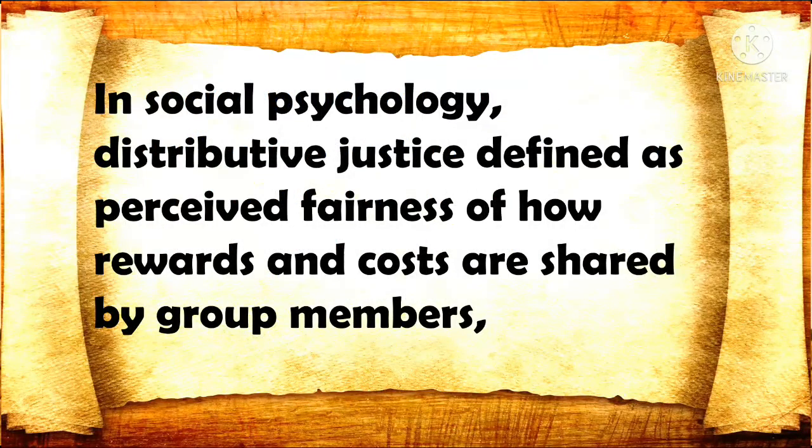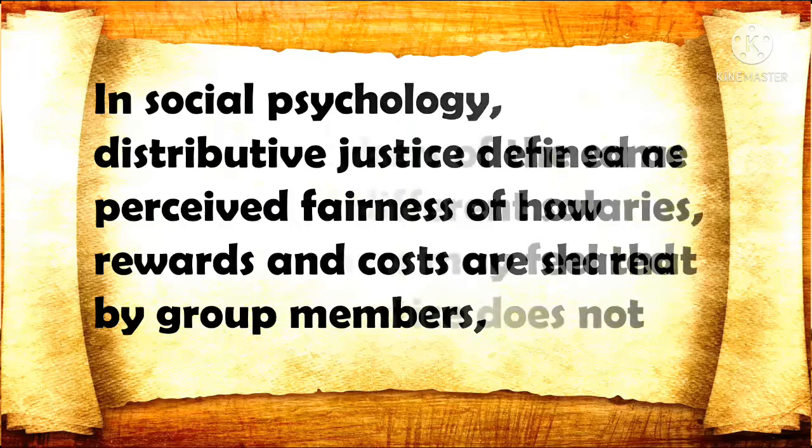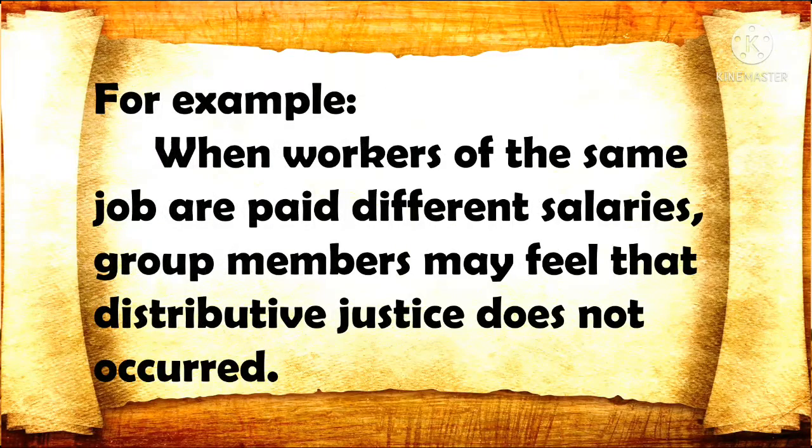In social psychology, distributive justice is defined as the perceived fairness of how rewards and costs are shared by group members. For example, when workers of the same job are paid different salaries, group members may feel that distributive justice does not occur.